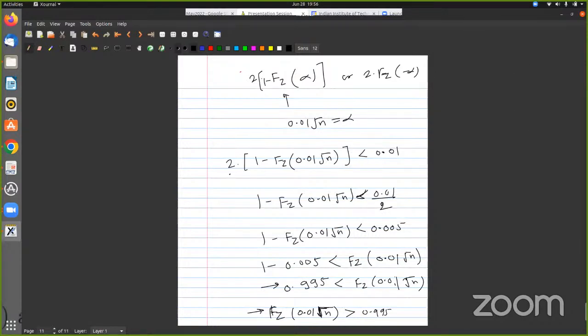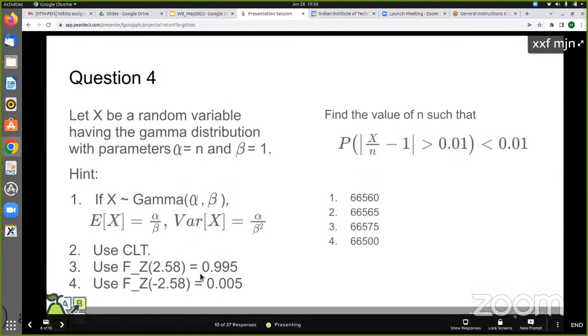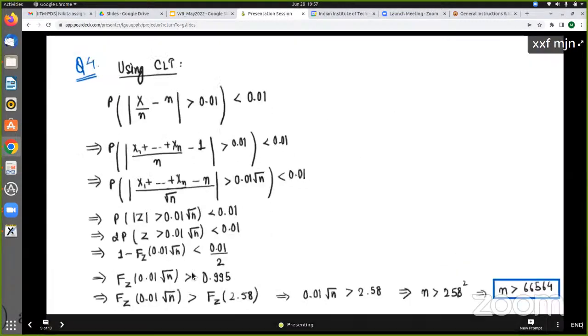Okay, so this is written here like this: fz of 0.01 root n is greater than 0.995. One more thing is given here. 0.995 is fz of 2.58. So fz of this side I'm keeping as it is, and that 0.995 I'm replacing with fz of 2.58. Now I can compare these two, right?